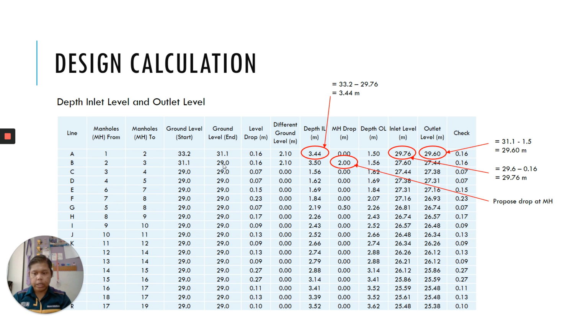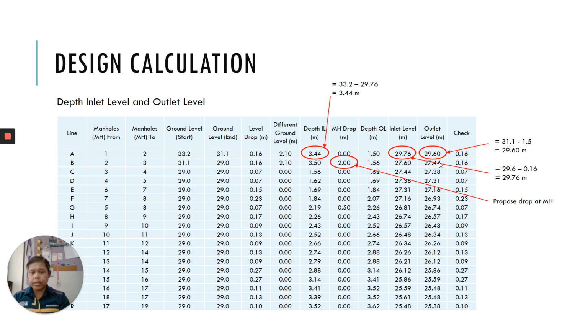It's not logical. That's why we need to drop another 2 meter below: 29.6 minus 2 meter, I get 27.6. Then from manhole 2 to manhole 3, I get a 0.16 meter drop, so I get 27.44.